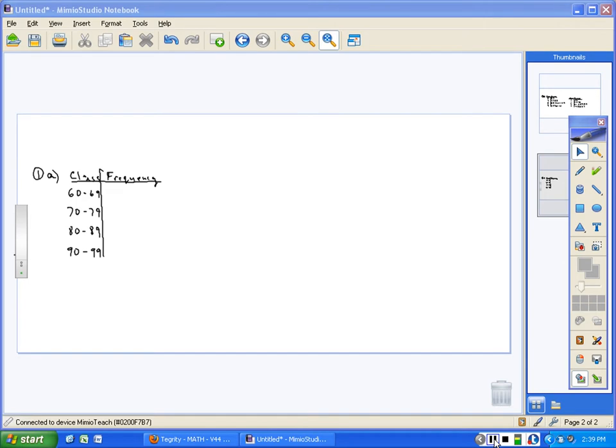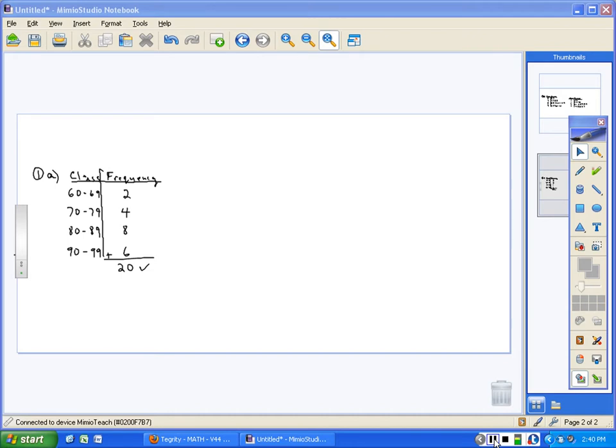Because we did the stem plot first, we've already figured out that there are 2, 4, 8, and 6. To check, you can add all this up, and it does add up to 20, and you were given 20 numbers, so that is a check.